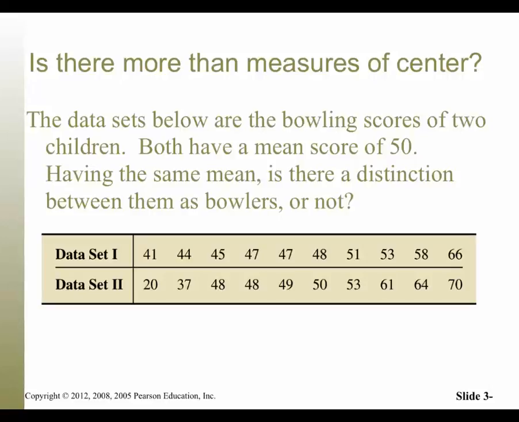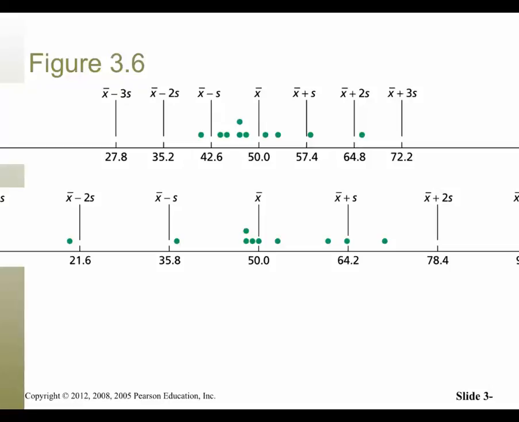Okay, but we're just comparing their badness, right? So this one child is bad, and is this child equally bad? They both have a mean of 50. Is that like how consistently they're bad? Okay, yeah, consistency. So here is the dot plot of those two data sets I just showed you. They both have a mean of 50.